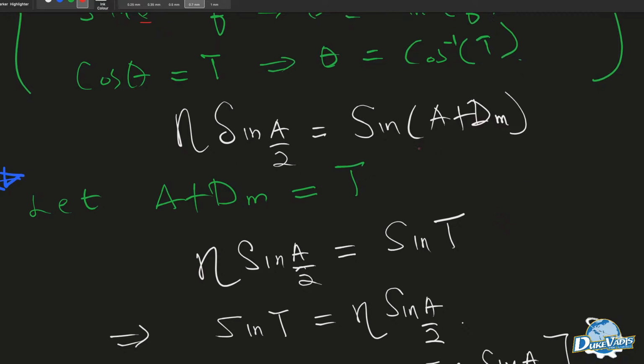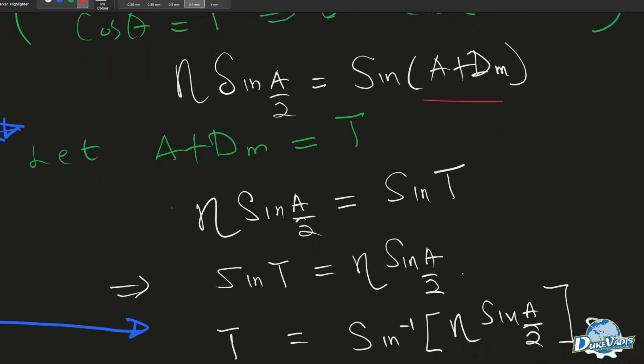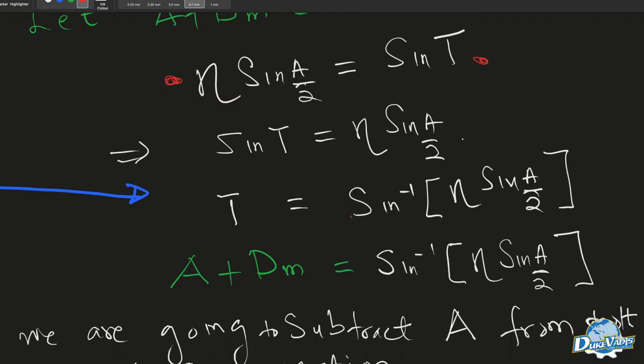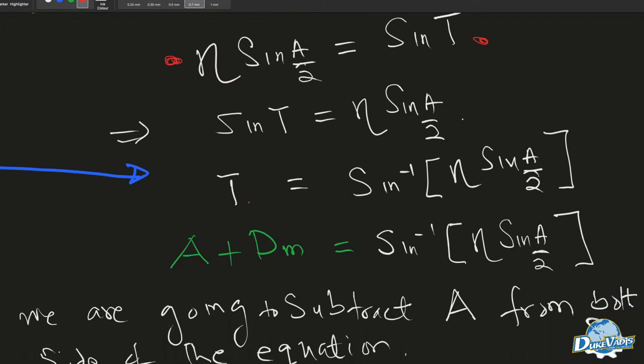So instead of the whole A plus D subscript M, I denoted this by saying let that one be equal to T. So then our equation became n sine A over 2 is equal to sine T. I shift this one to the right and this to the left, which doesn't change anything at all. So now, to find the T over here, we say it's equal to sine inverse of the whole product on our right.